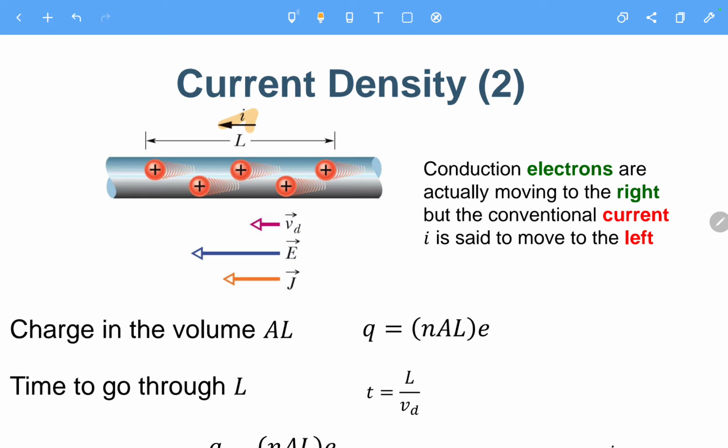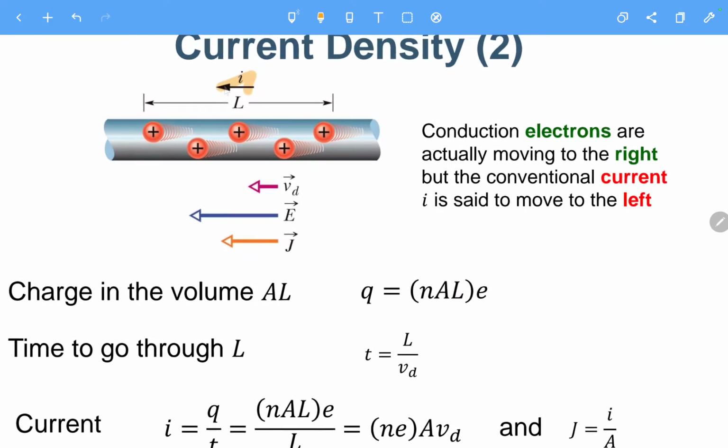If it is positive charge, there will be some contradiction. But for here, positive charge or negative charge will give you the same conclusion. So in this case, it doesn't really matter. Okay, so here we just assume it is positive charge moving to the left.